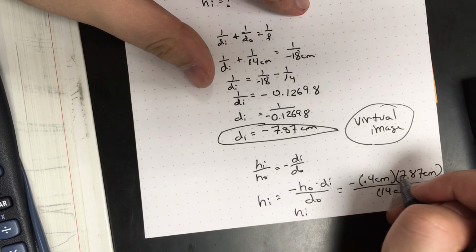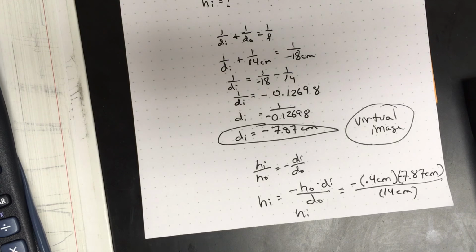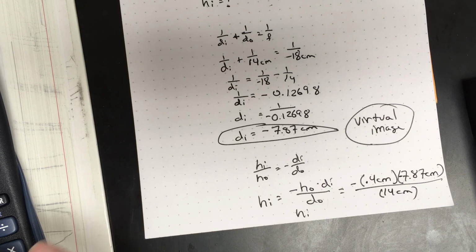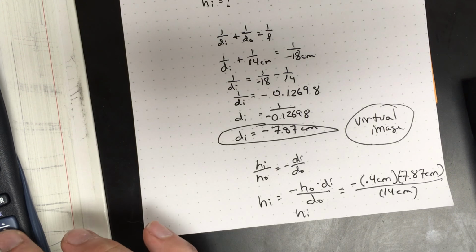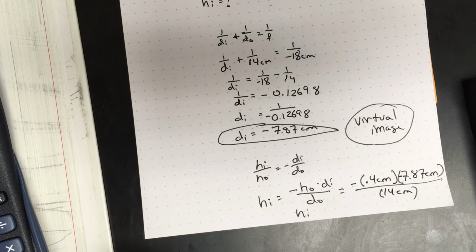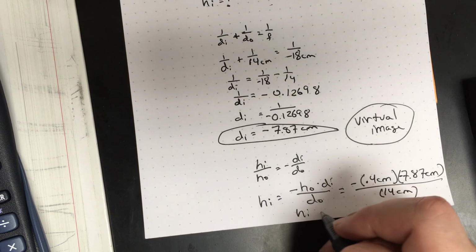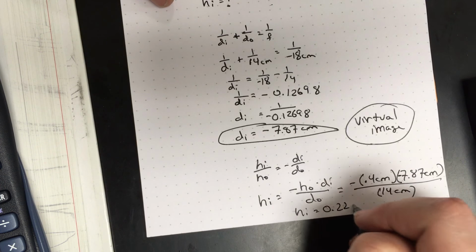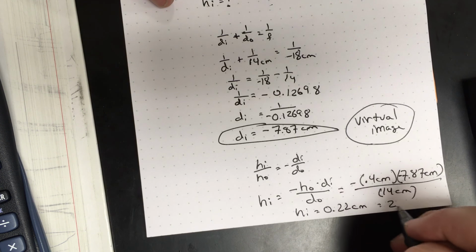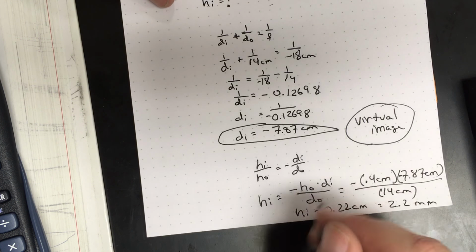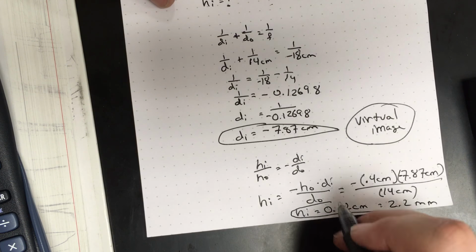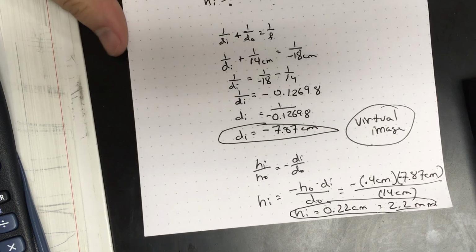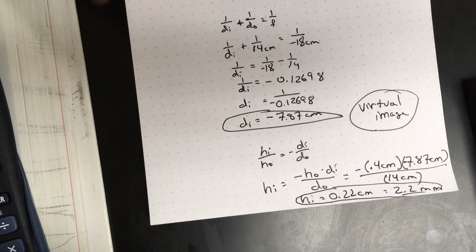Oh, careful, this is a negative 7.87. So it's going to come out with a positive magnification. So I'm getting 0.22 centimeters, which is the same as 2.2 millimeters, is the height of the image. There you go. That's how to use all the equations.